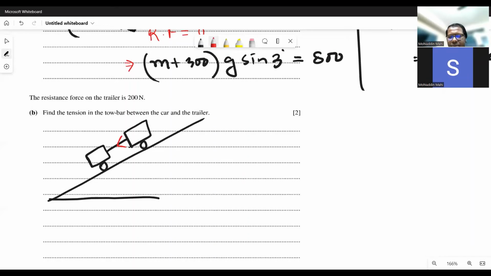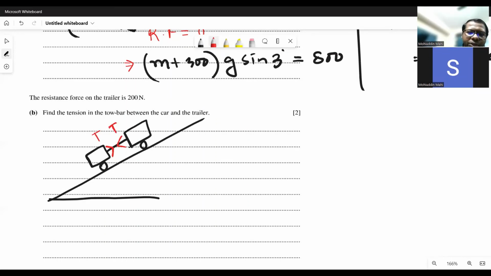According to Newton's third law, the trailer is going to apply tension force in the upward direction. The value of tension in both cases will definitely be equal, because action and reaction pairs are always equal. So at first you need to sort out the direction of the tension.